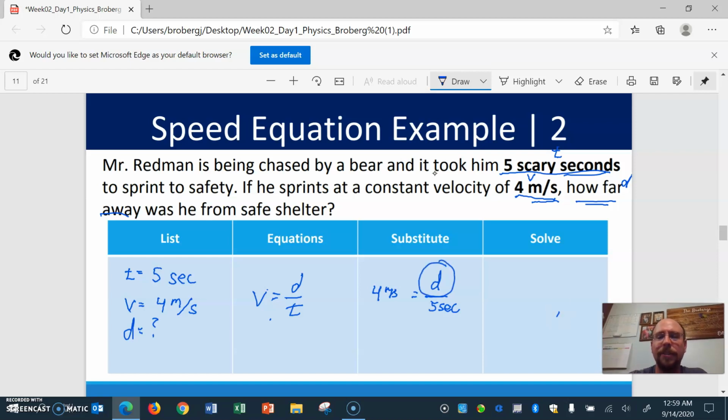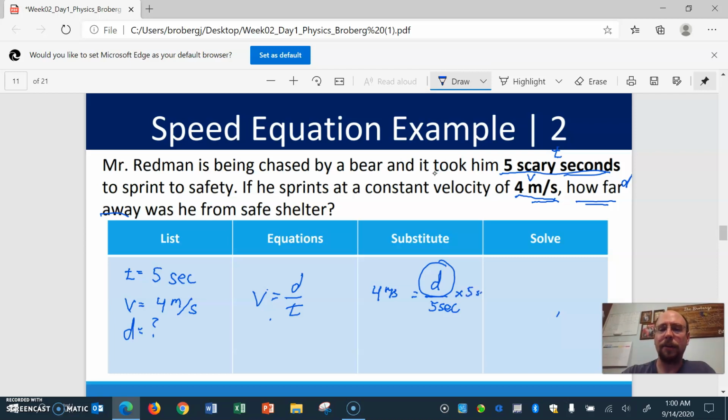When I solve this out, I'm going to solve for this D. But it's not always so straightforward. To solve for D, I have to undo something on this side to get it by itself. In order to get it by itself, I have to undo what's being done to it. Right now it's being divided by 5 seconds. To undo divide, I have to multiply, and I'm going to do that to both sides of the problem.